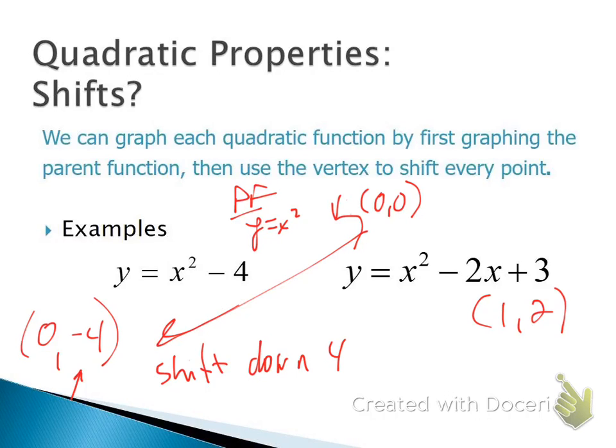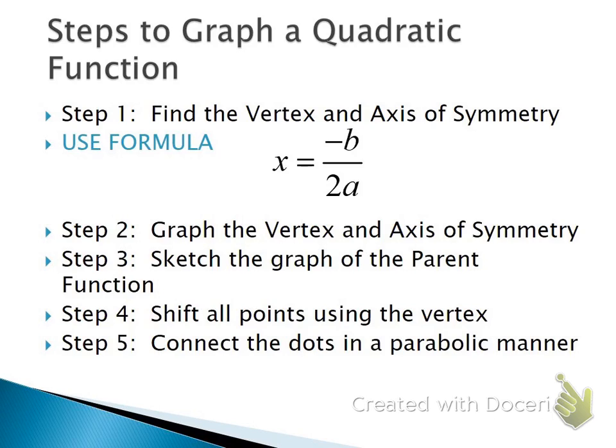Again, don't worry about where that came from. I'll show you in just a second. But this tells us that since the x-coordinate is +1, we're going to shift the vertex right 1 spot, or all the points right 1 spot, and up 2 spots since it's positive. And so we'll use that shift to move our parabolas around.